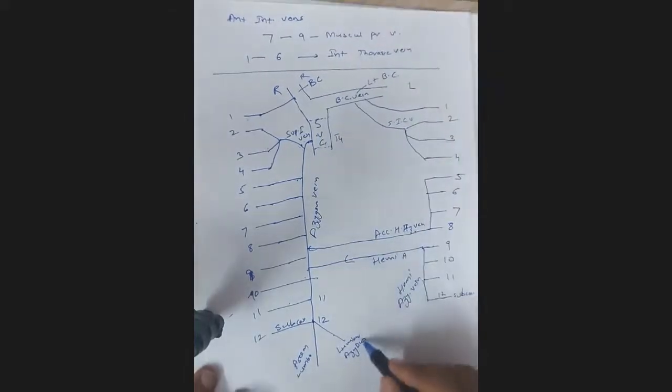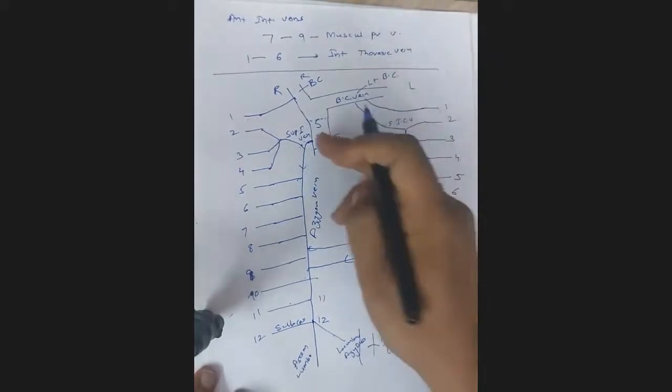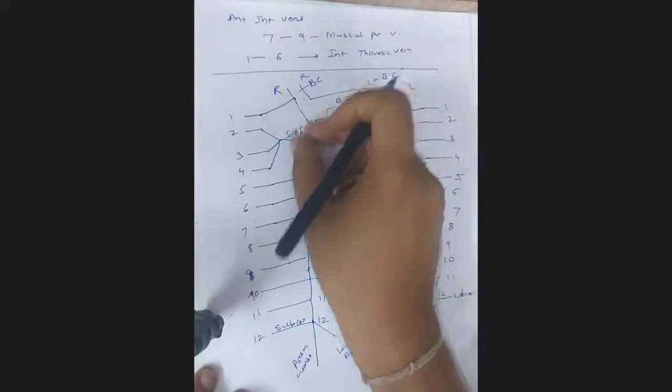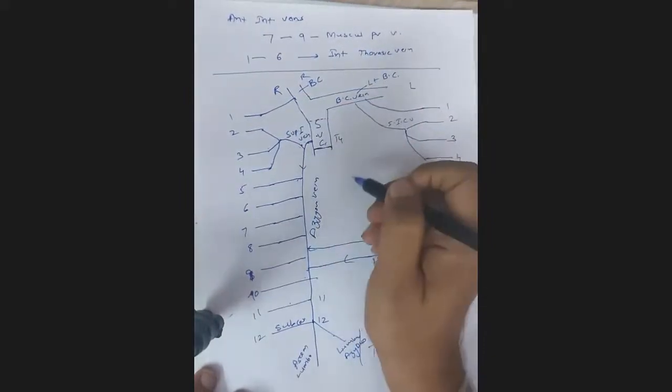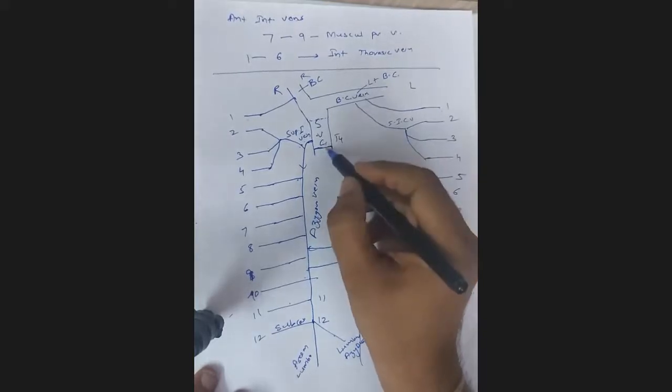This lumbar azygos is connected to IVC. So basically azygos will carry the whole blood of the head, face, and neck down if the superior vena cava gets blocked below the opening of the azygos.